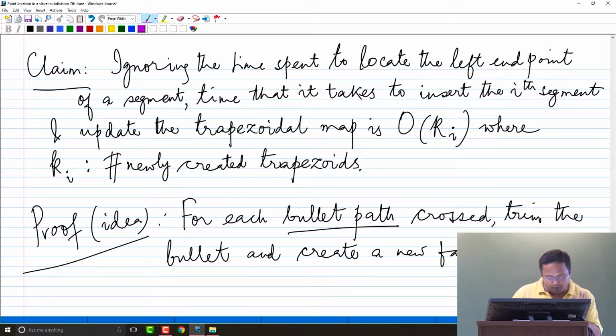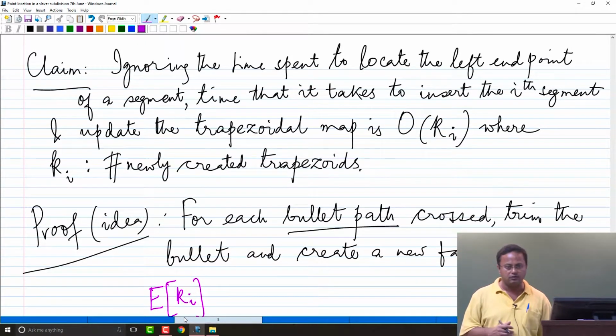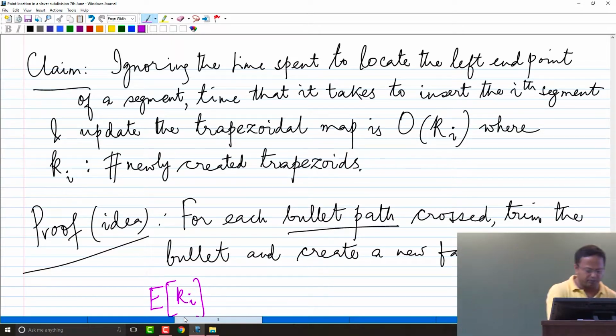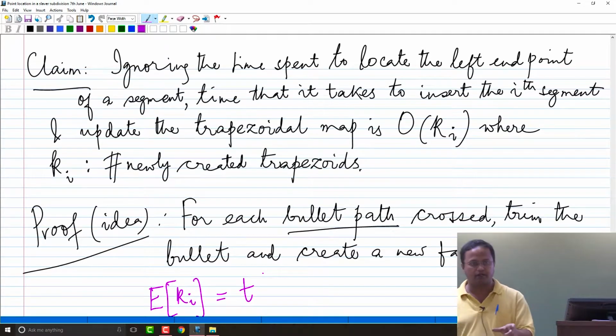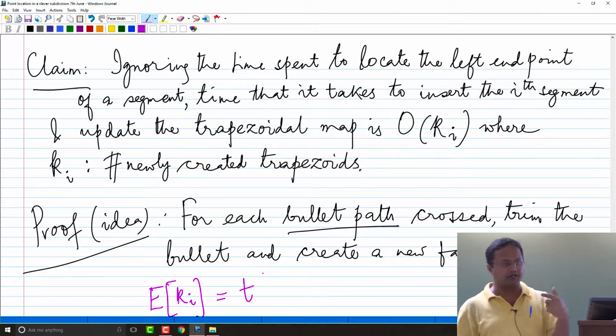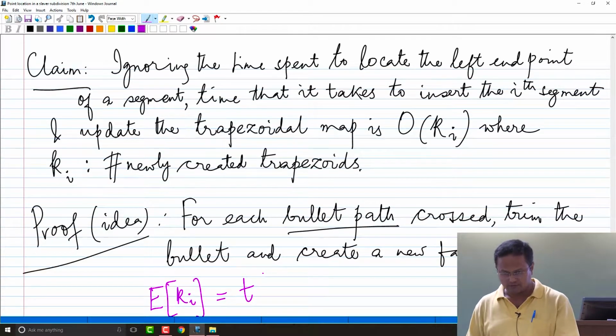Now, this tells you that each insertion is creating this many trapezoids. If I can now prove that this expectation is something, let it be some value t, then that means on expectation each insertion has added t many new trapezoids, fine.